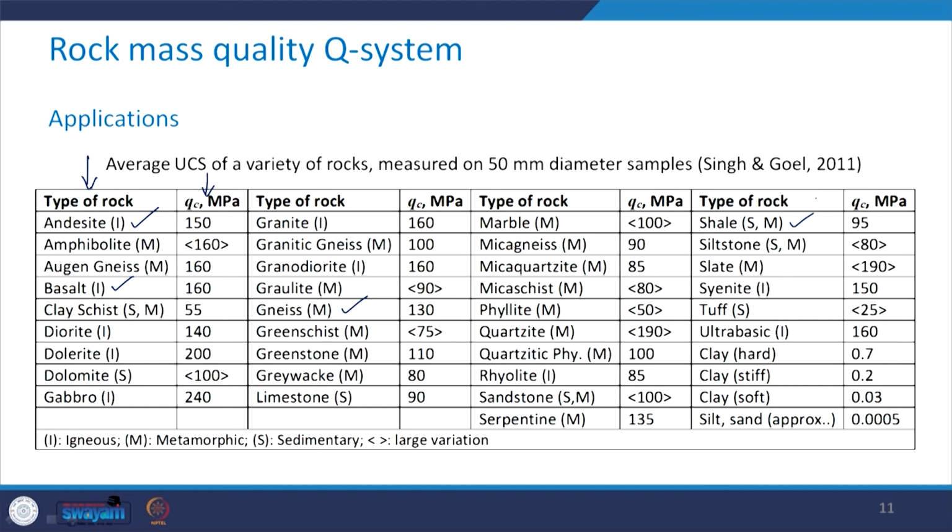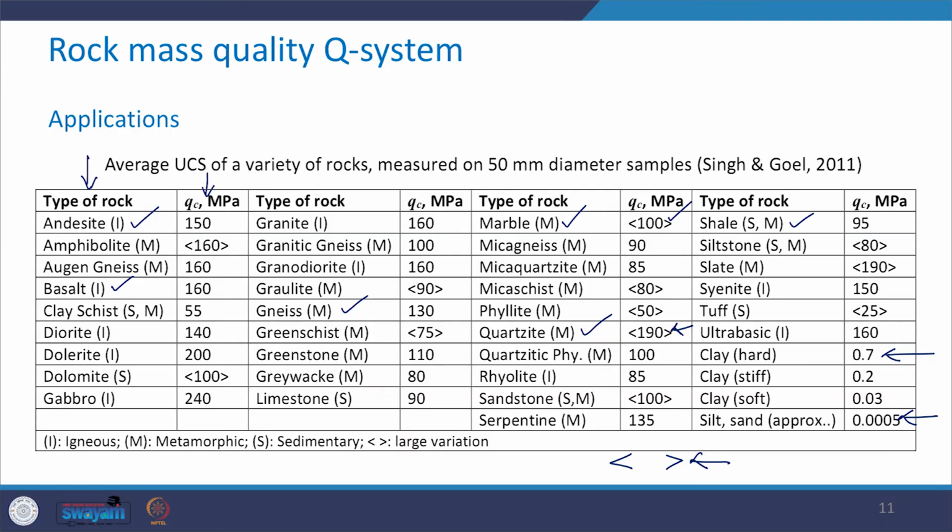Now, another thing which you must note here is this type of symbol that shows the large variation. That means, let us say that the type of the rock is the metamorphic rock marble, and an average value of 100 megapascal is given with this sign. So, that means that around 100 megapascal large variation in the UCS of marble can occur.